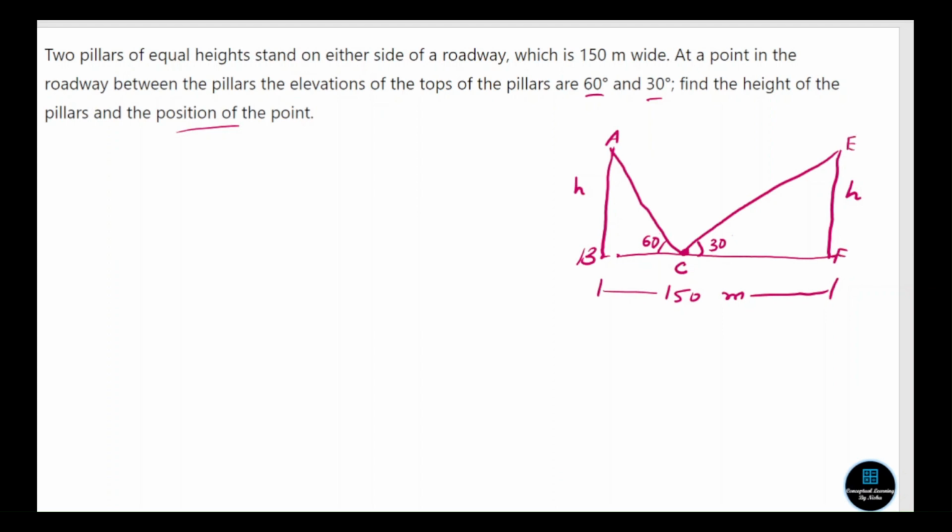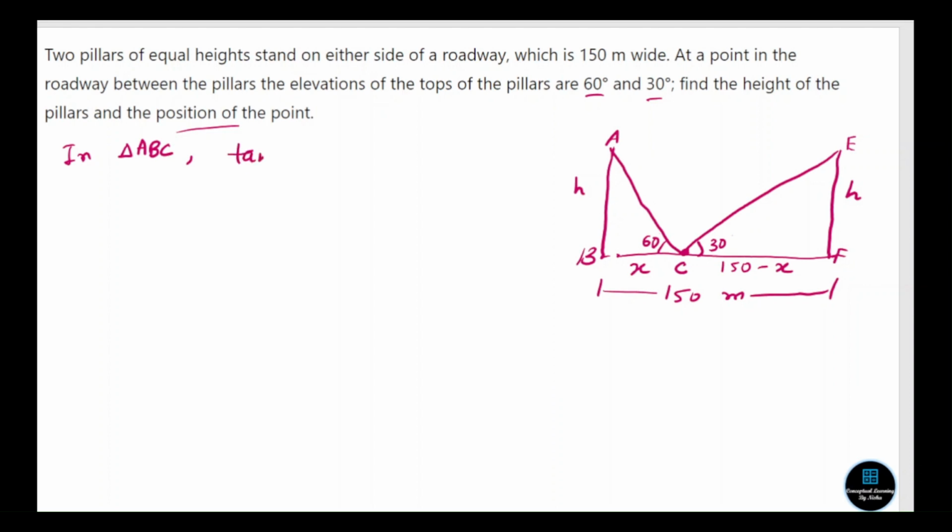So let's say this distance BC is X. So the remaining distance CF is 150 minus X. Now if I take the first triangle ABC, what do we get?